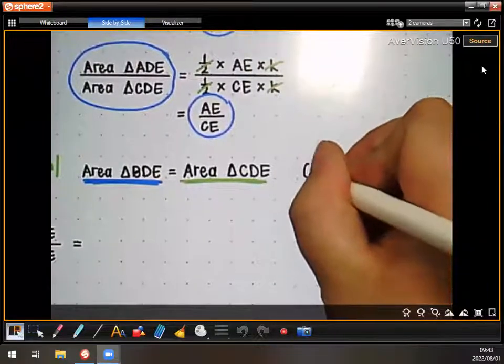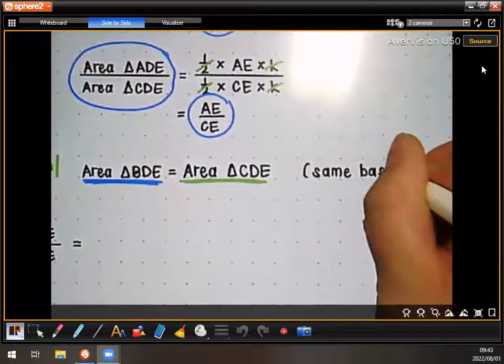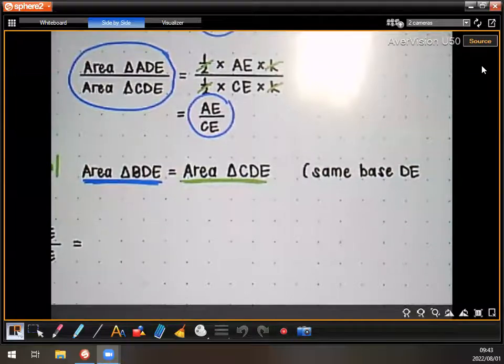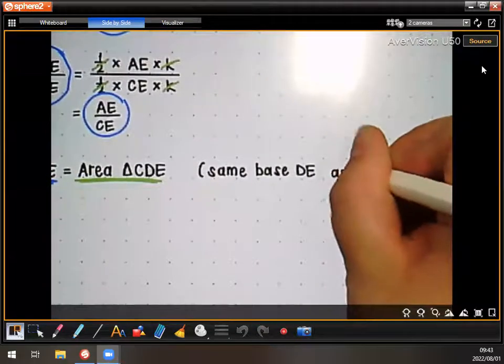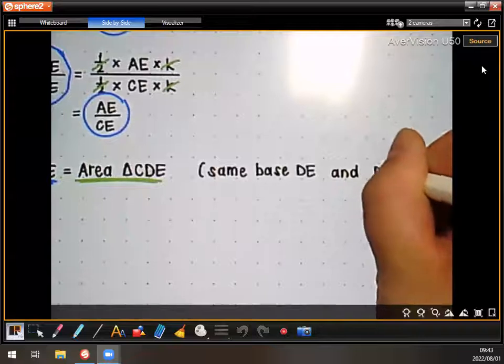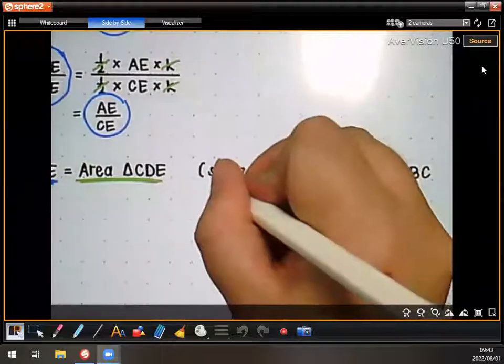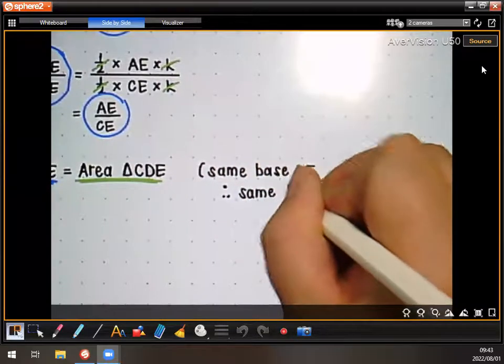You're going to say they have the same base DE, and DE is parallel to BC, therefore same height.